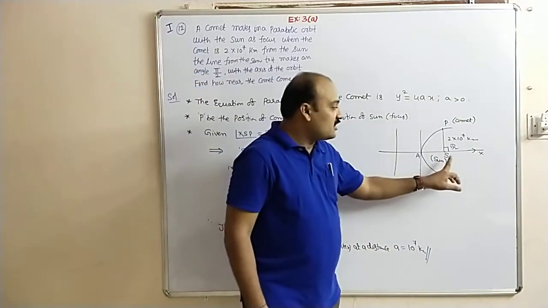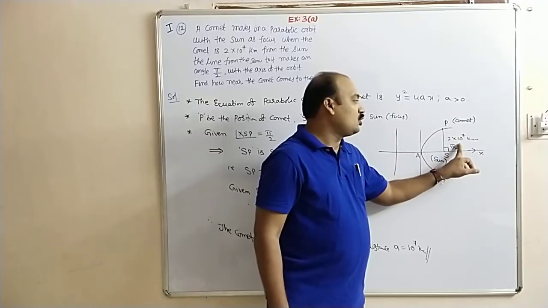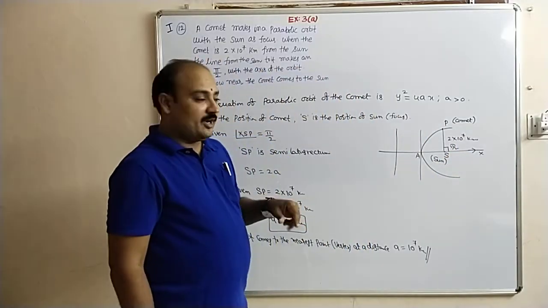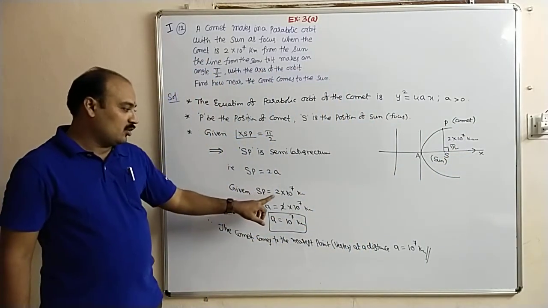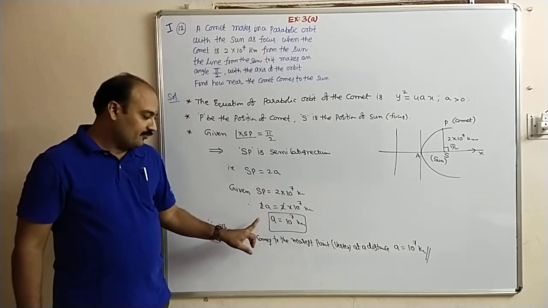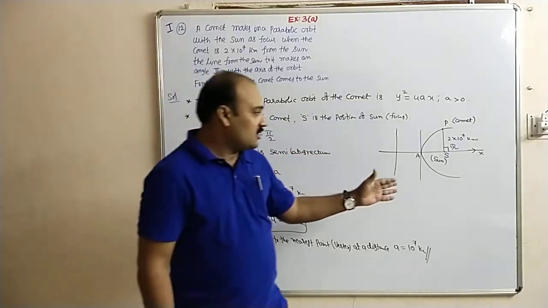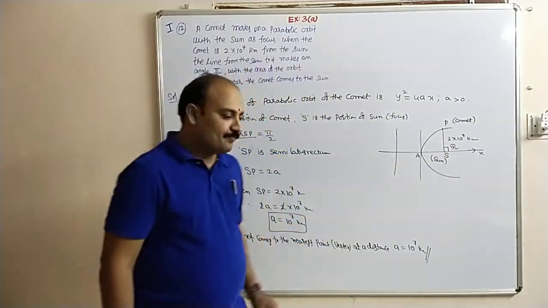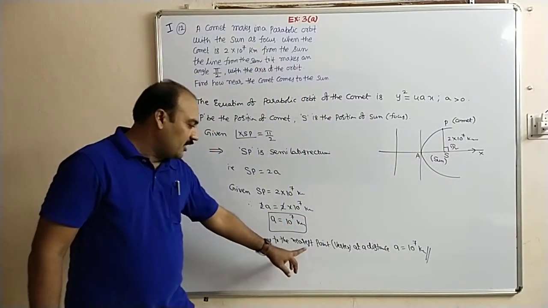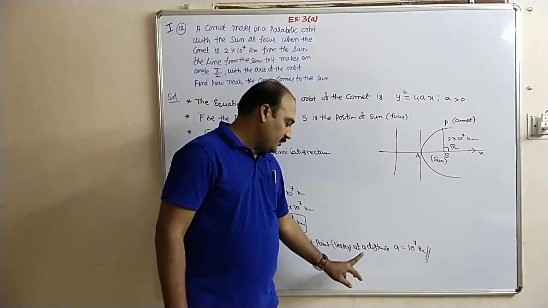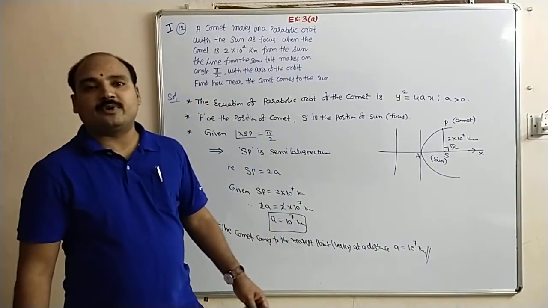And given the distance from sun to the comet is 2 times 10 power 7 kilometers. That is the reason we have taken SP equal to 2 into 10 power 7. Both we are equating. a equal to 10 power 7. a is the nearest distance, that is the distance from vertex to the focus. So the comet comes to the nearest point, that is the vertex, at a distance of 10 power 7 kilometers.